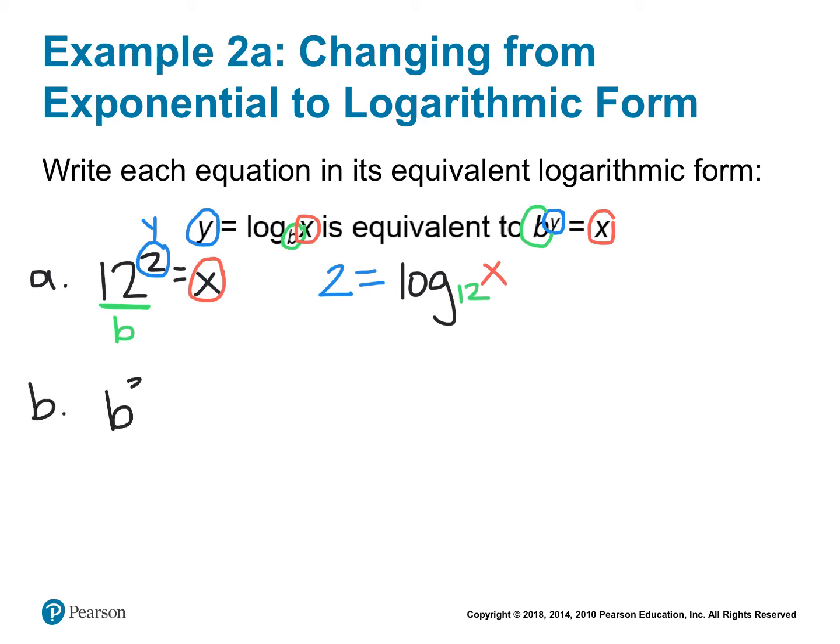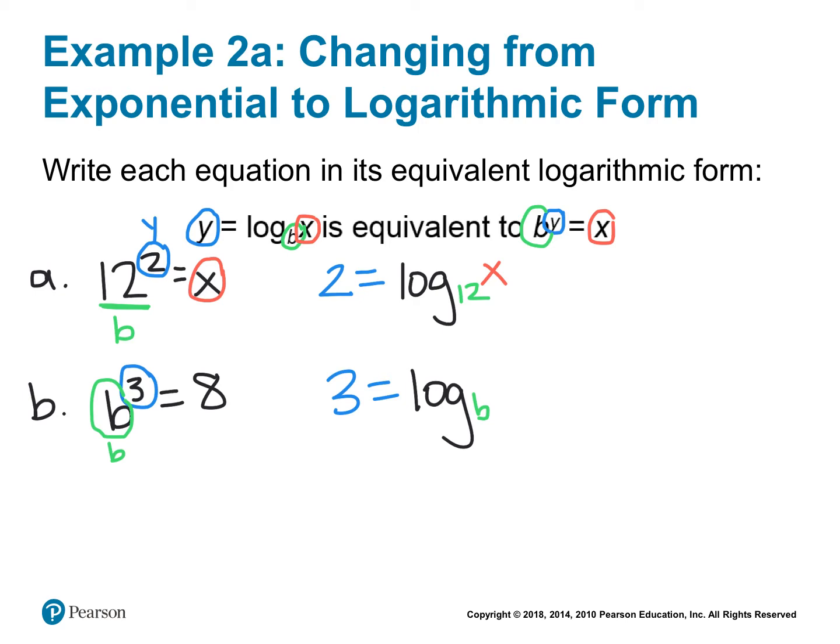B to the third equals 8. I'll start with the y again, so that's this right here. So we'd have 3 equals the log, and the b is the little subscript here, so it's just staying as a b.